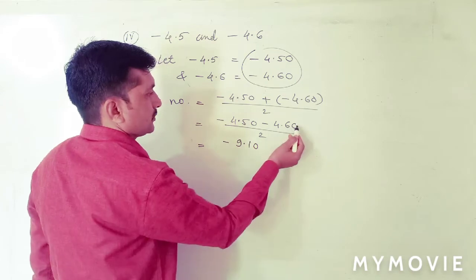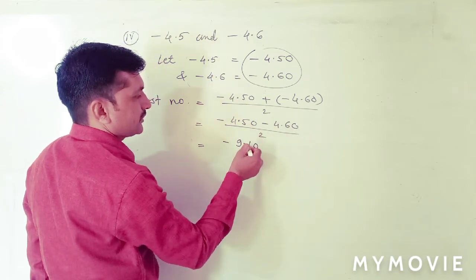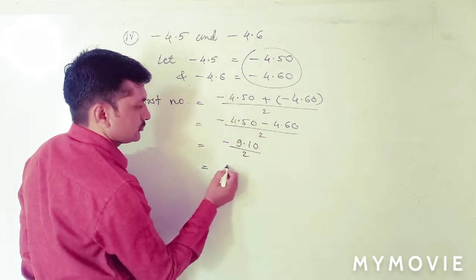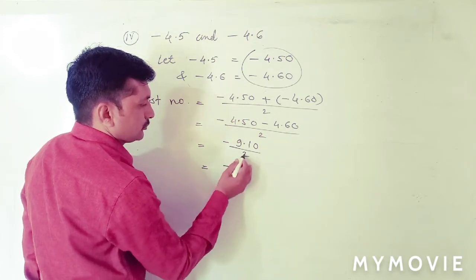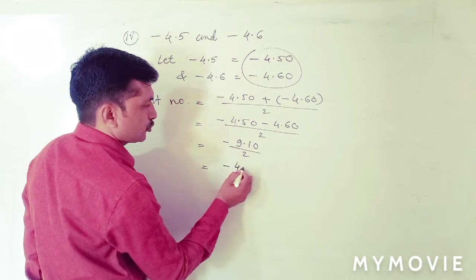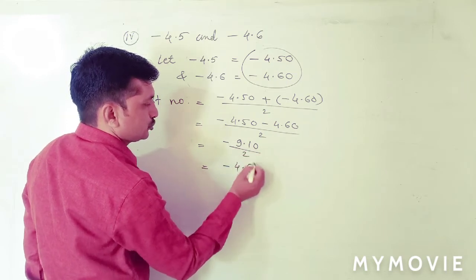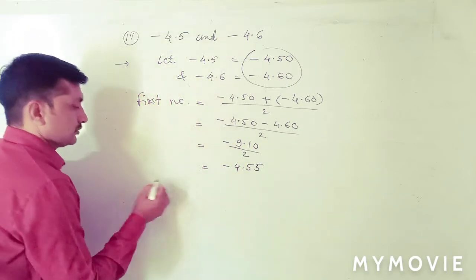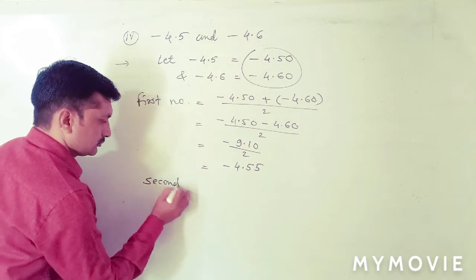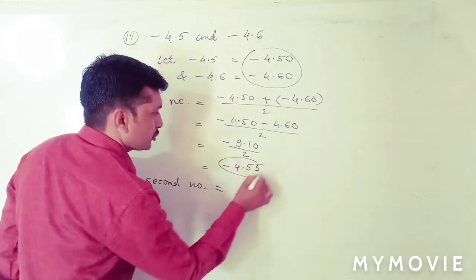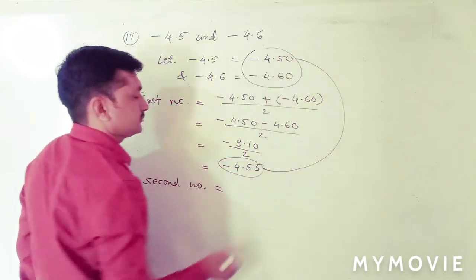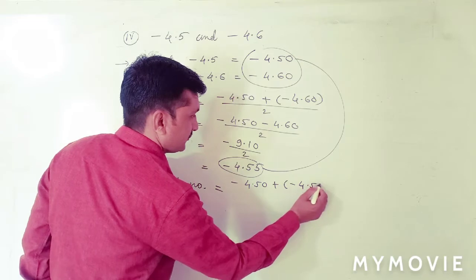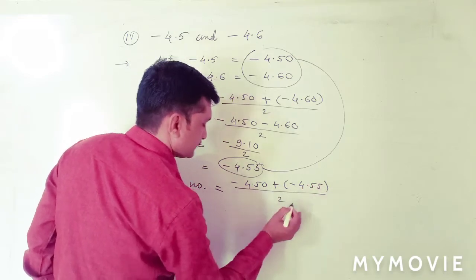9.10, right? 0, 0, 6 plus 5 here 11, 1 carried over here, 9 divided by 2 is equal to, reduction now, minus 2 4s are 8, 2 5s are 10, 2 5s are 10. This is the first number. Second number is equal to the average of this number and this number, minus 4.50 plus in bracket minus 4.55 divided by 2.